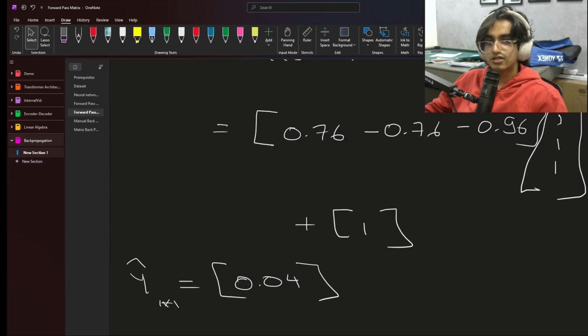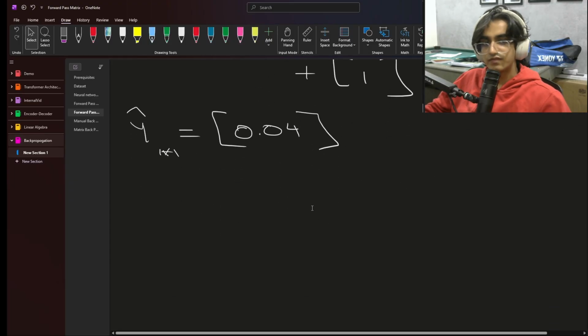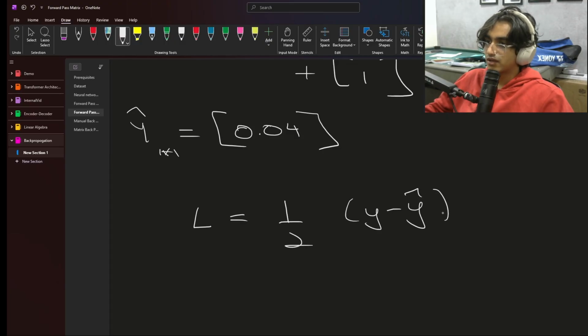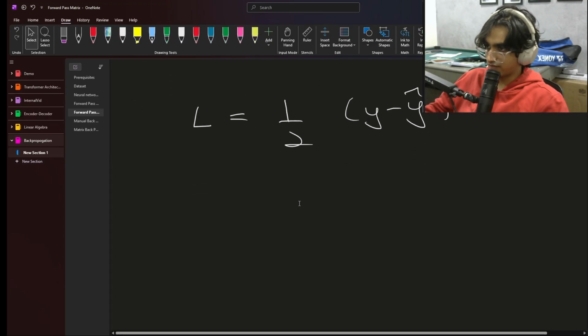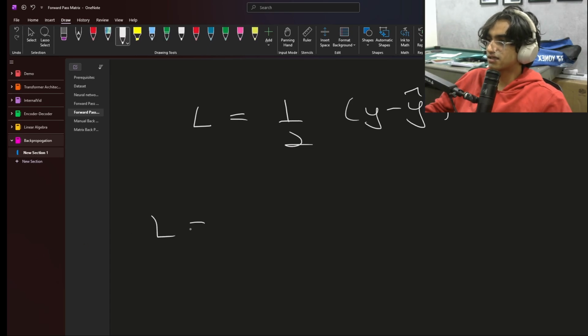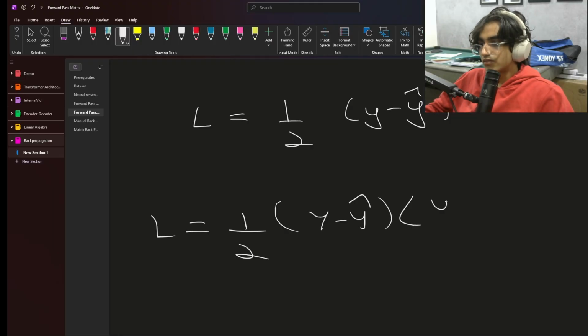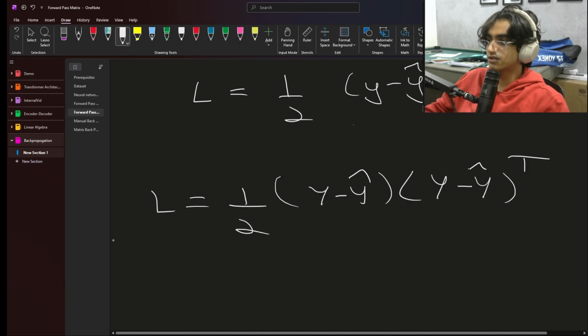Now for the loss function, we've taken loss as half of y minus y cap, the whole squared. To write this in matrix form, L is equal to half of y minus y cap, into y minus y cap transpose. So this is the matrix form of the same loss function.